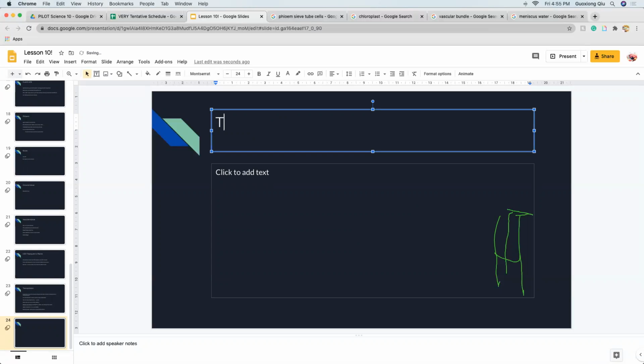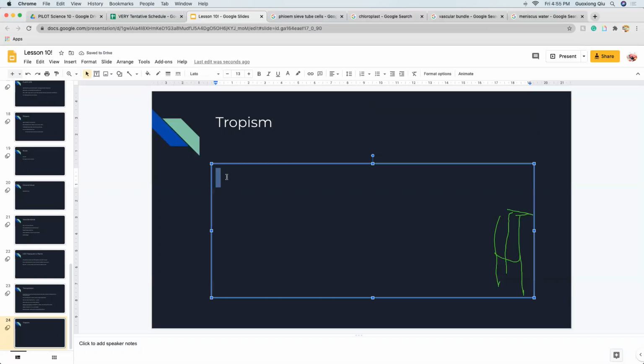Now we talk about something referred to as tropism. Oh, I might be wrapping up. We're actually nearing the end of the bio unit. Tropism is when the control system of the plants works in response to external stimuli, to ensure plant survival.